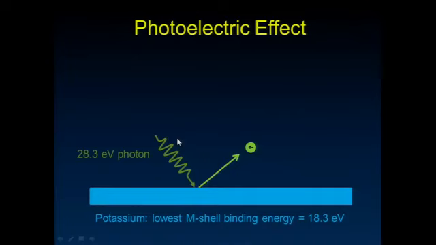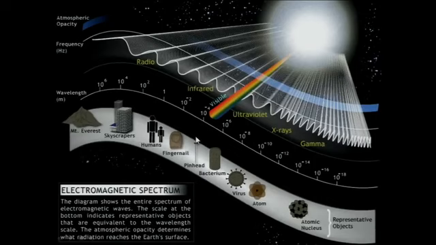But once you go above that threshold, you immediately can kick out some of those electrons from the shells of potassium, emphasizing the particulate nature of electromagnetic radiation. So that's the photoelectric effect. It'll be really important to us in a little while as we talk about some of the X-ray interactions with matter that happen when we make a radiograph.